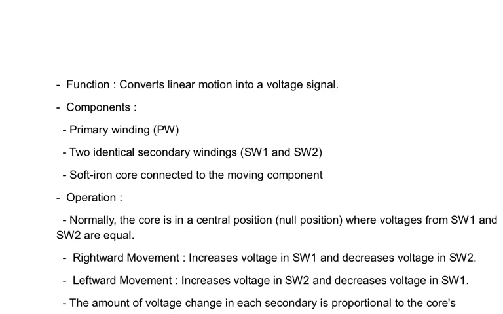With rightward movement, it increases the voltage in SW1 and decreases the voltage in SW2. With leftward movement, it increases the voltage in SW2 and decreases the voltage in SW1. The amount of voltage change in each secondary is proportional to the core movement.